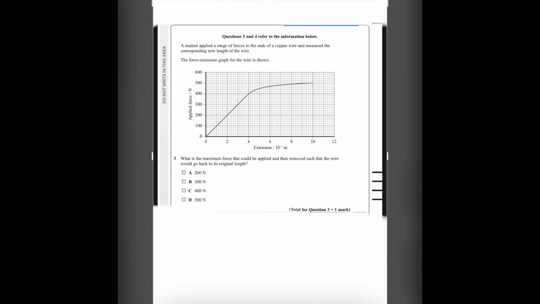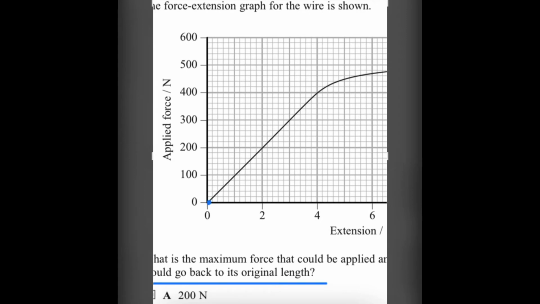Number 3. A student applies a range of forces to the end of a copper wire and measures the corresponding new length of the wire. The force extension graph for the wire is shown. What is the maximum force that could be applied and then removed such that the wire would go back to its original length? From this point to this point, there is a straight line, and then it curves out.